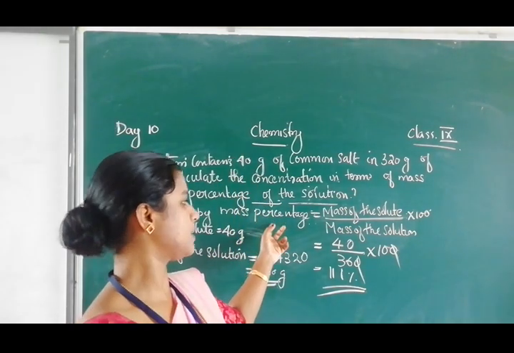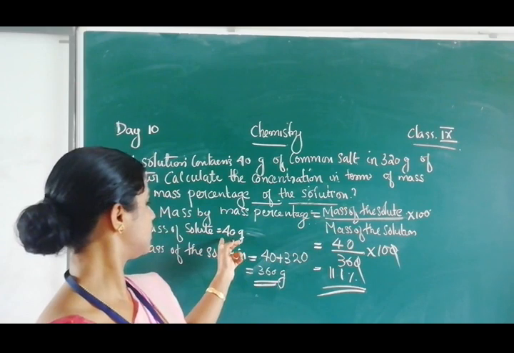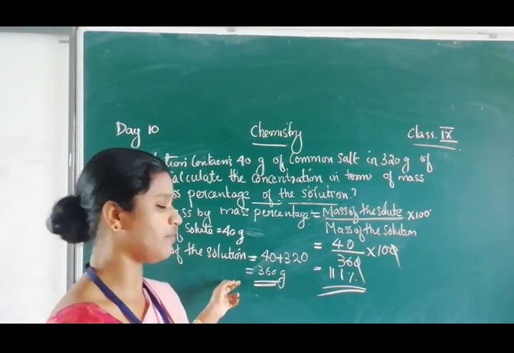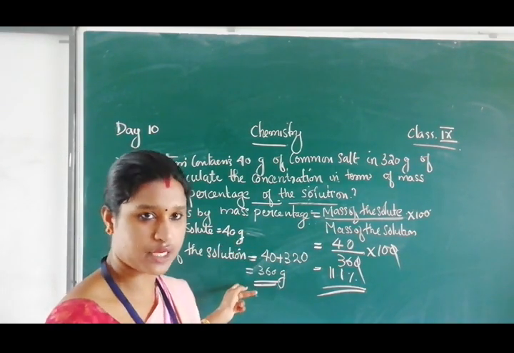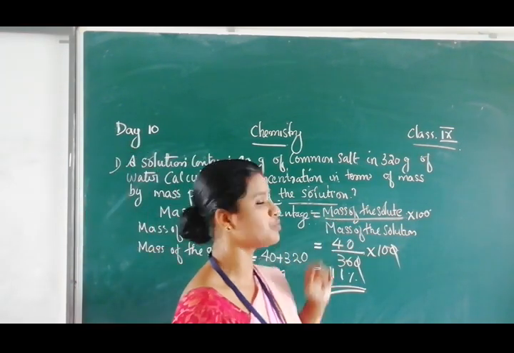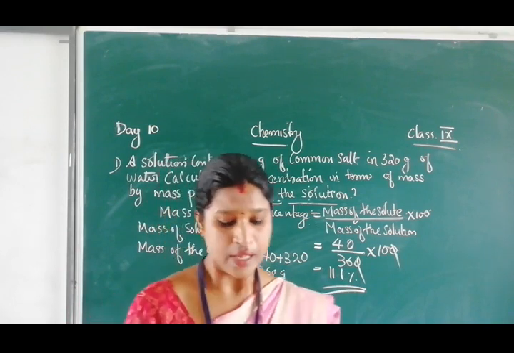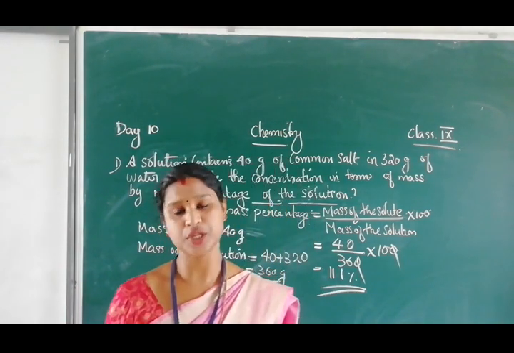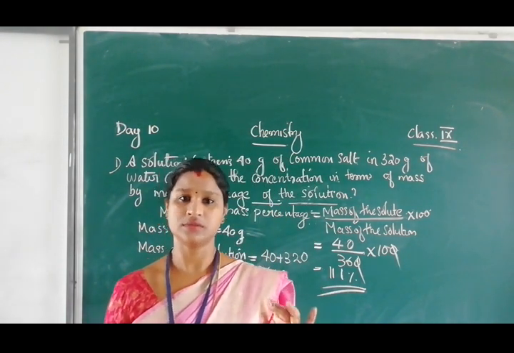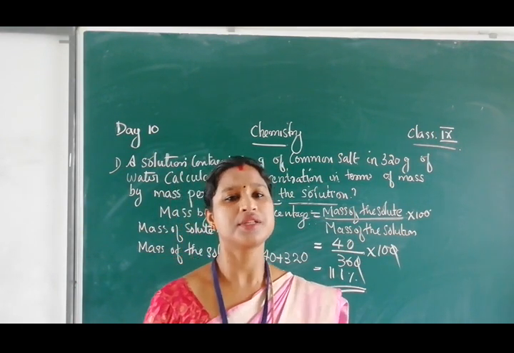First write the equation, then write down each and every quantity, and if you have enough quantities, just substitute over here and find the answer. Understood, all of you? Only one question was given in your textbook, so I just discussed that.